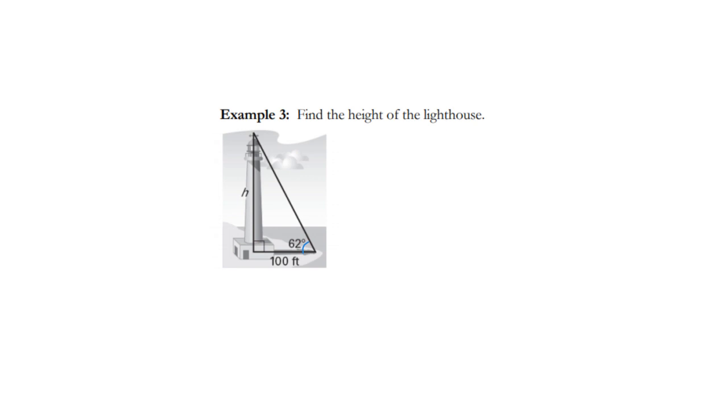And if we have it as 62 degrees, again, we're going to label our triangle. This is my hypotenuse. It's across from my right angle. Across from the reference angle is our opposite side, and the other side is adjacent. So tangent of the 62-degree reference angle is opposite, which is h, over adjacent, which is 100.